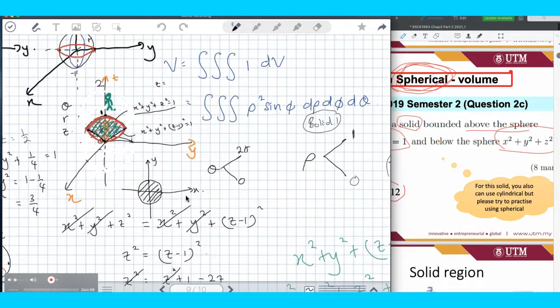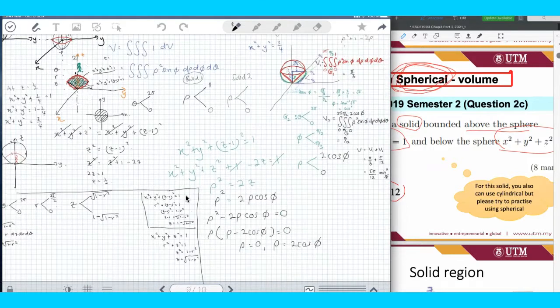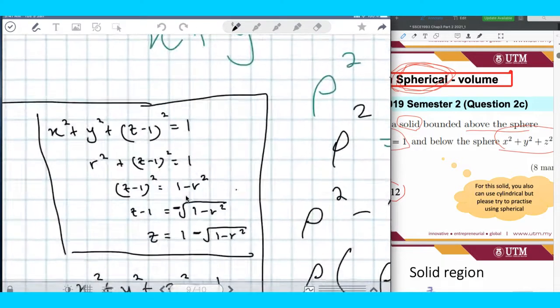What I have done here is rewrite the lower bound in terms of r, because in cylindrical coordinates z is z, and x and y you have to convert into r and theta. We know from polar coordinates that x squared plus y squared is equal to r squared, and now I rearrange to obtain only z on the left side.